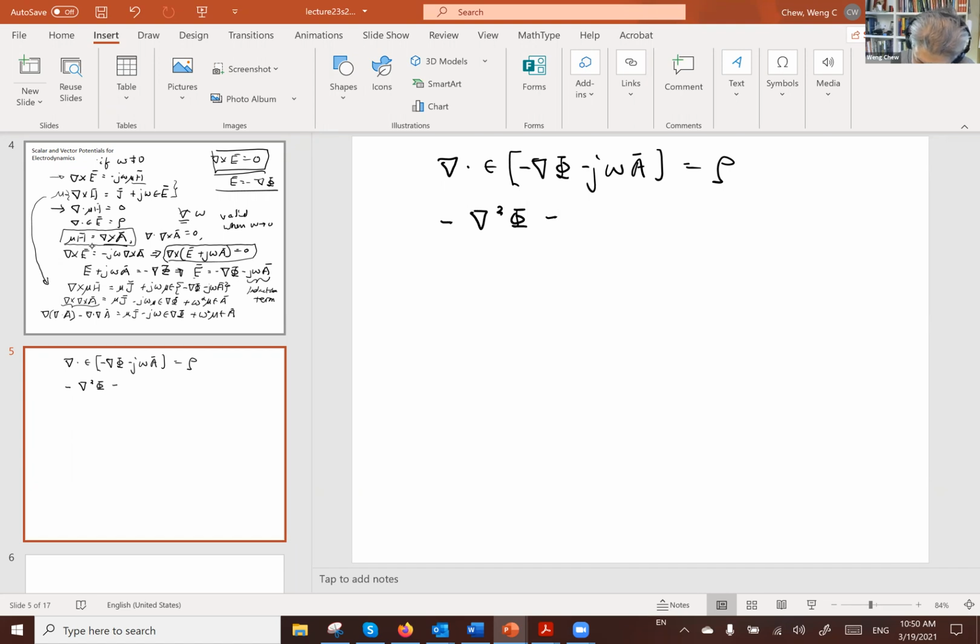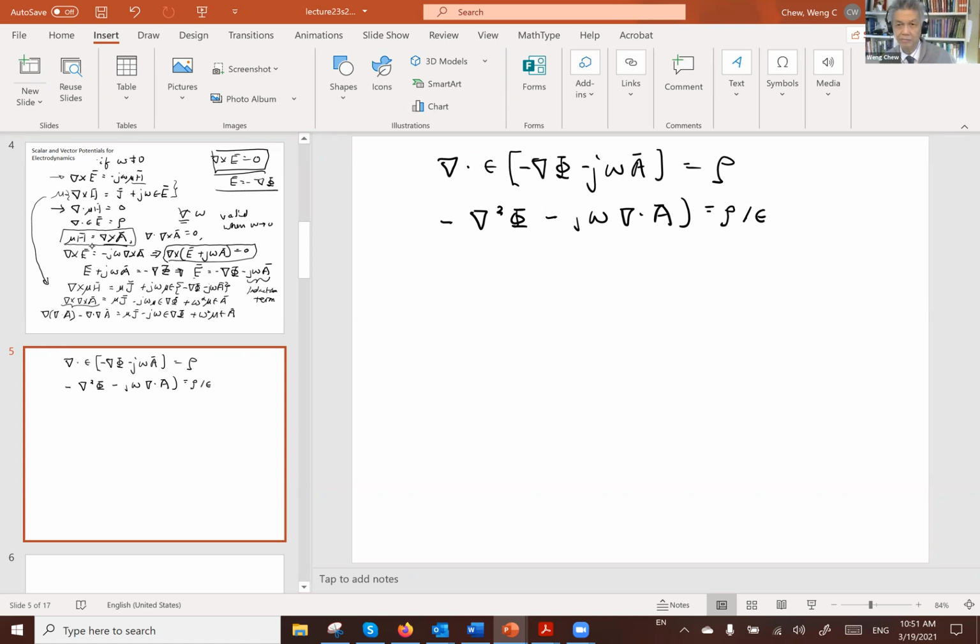And then the other side would be, if I multiply this out, j omega divergence of A, equal to rho over epsilon, because I've taken out the epsilon and, assuming that to be a constant, it can be taken to the right-hand side.